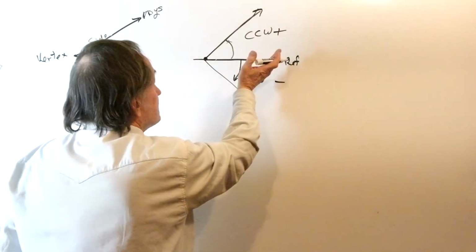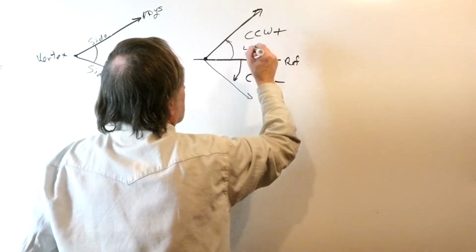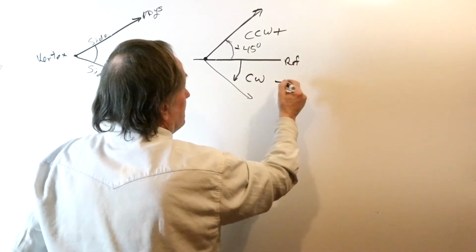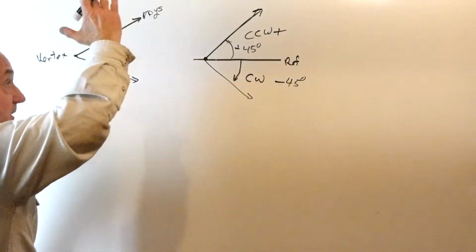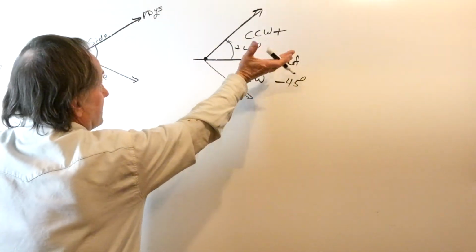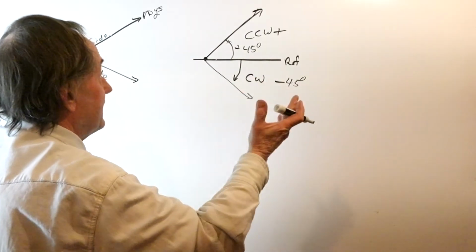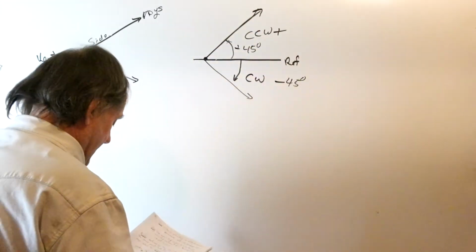So we could say sweep up here. This looks like it might be about a positive 45 degrees. Sweeping down this way, it would be a minus 45 degrees.